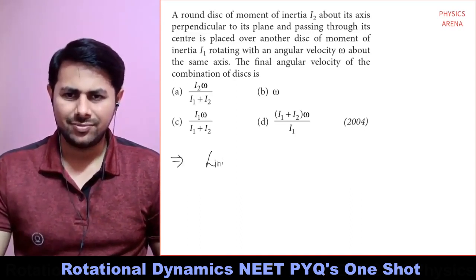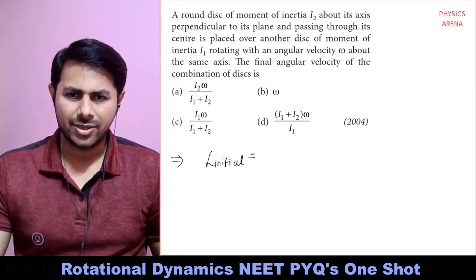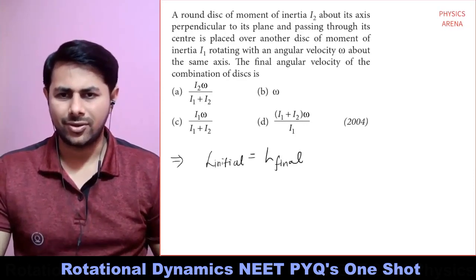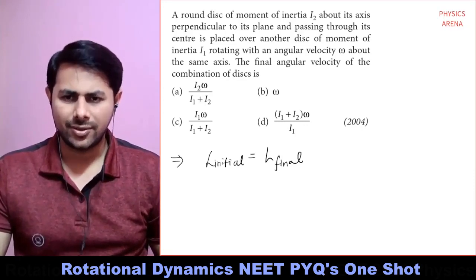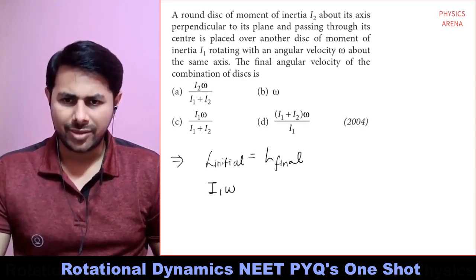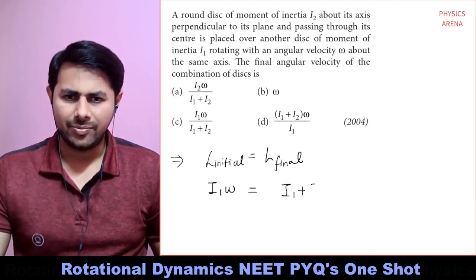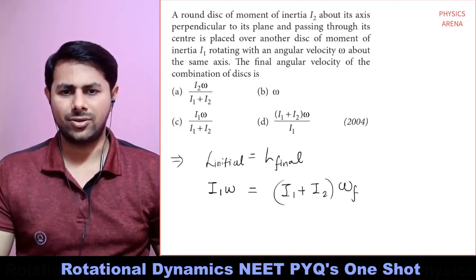So L initial equals L final because there is no external torque. L initial is I1 multiplied by omega. L final is I1 plus I2 multiplied by the final angular velocity omega f.